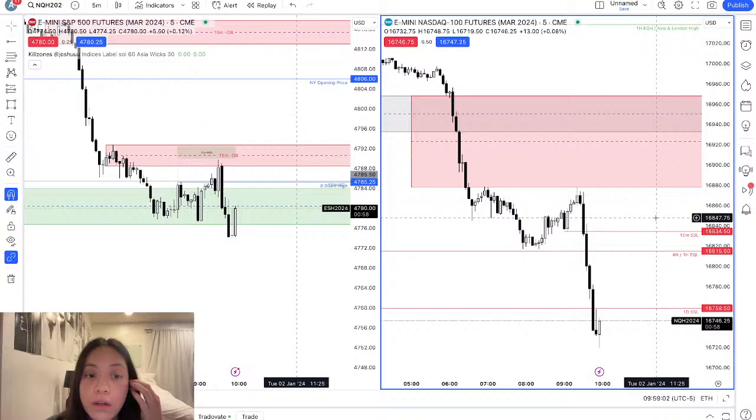I also like that ES is a little bit more consolidated, but it also creates a little bit more chop as well. So NQ might be the better one to look at, because then you have all of these PD arrays that you can look at.